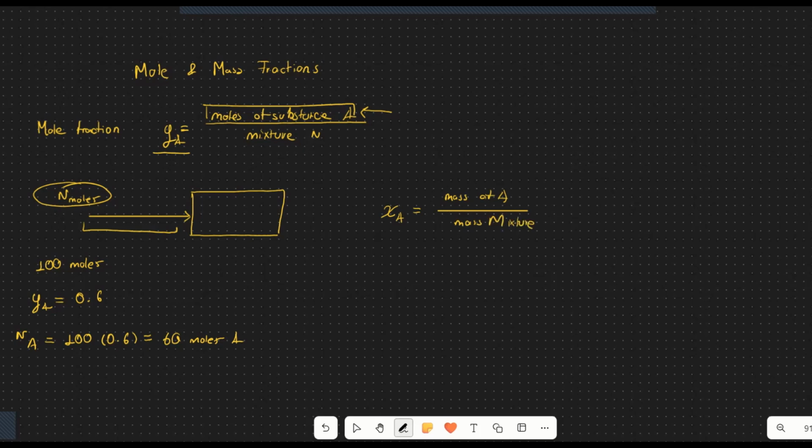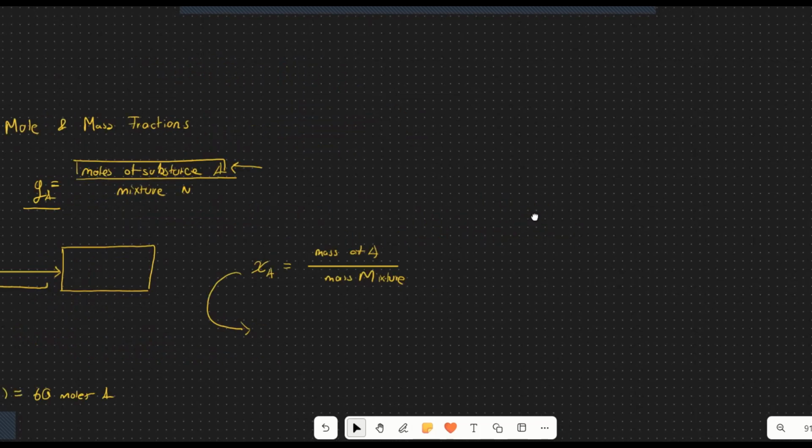And the same process has to be done if we want to determine how many grams or kilograms of A are present in the mixture whenever we have the mass fraction of the component as well as the total mass of the mixture. And we're going to work with an example over here.